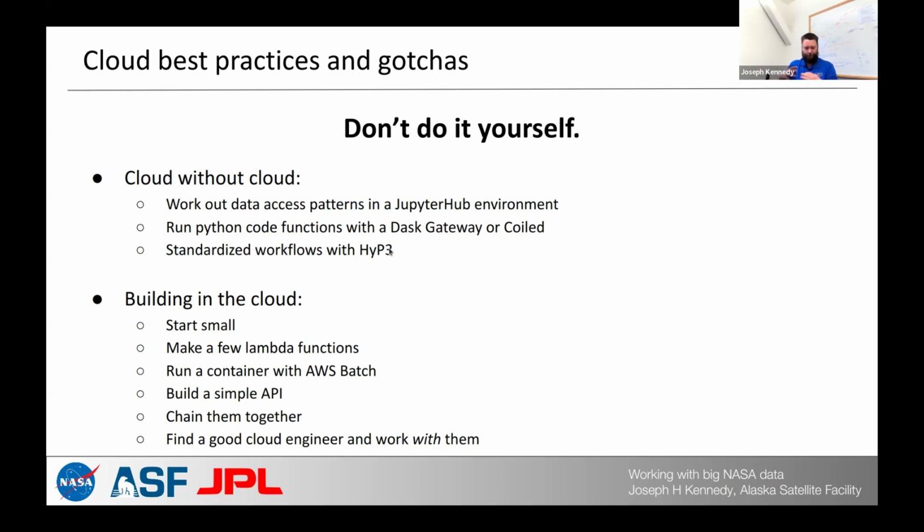Once you start to really scale in high-throughput computing and want to build your own stuff and use your algorithms in infrastructure you've built, or at higher rates than you can get with Dask or Coiled, you're really going to look towards things like HyP3.